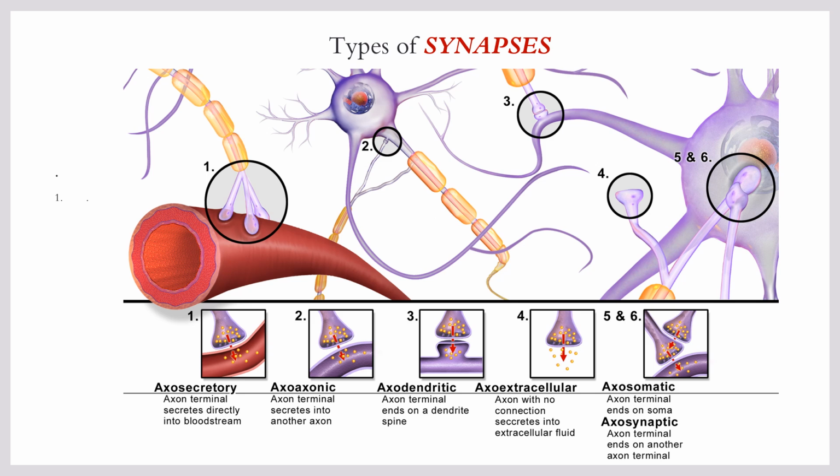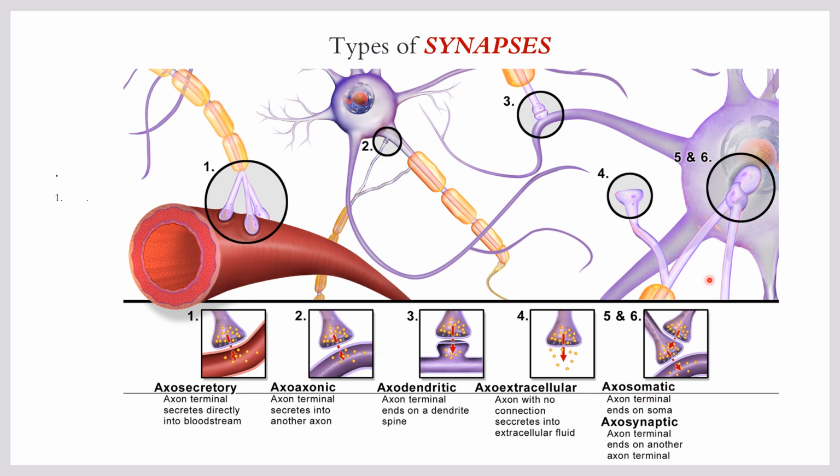I started the discussion of the types of synapses when I defined the synapse. In this picture we have represented some types of synapses, and we have the axosomatic synapses, which are represented here.